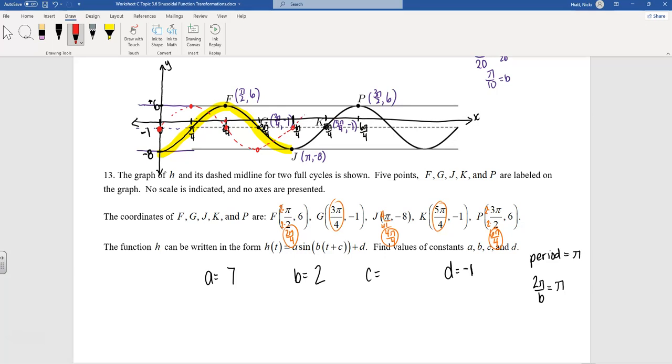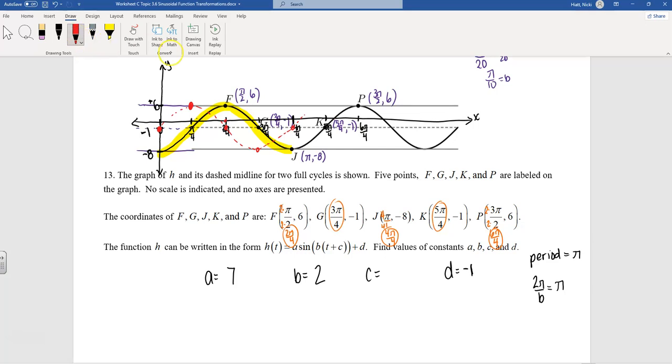And remember, you're always trying to move the dotted graph to the actual solid line graph. A lot of times kids use the opposite sign that they should because they're moving the solid line to the dotted line, which will get you backwards. So right here, I like to look at maximums because they're easy to track. You could also look at the minimums here.